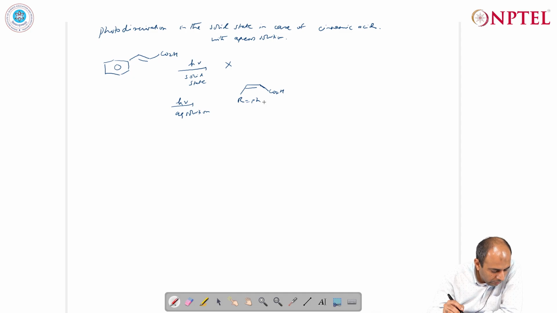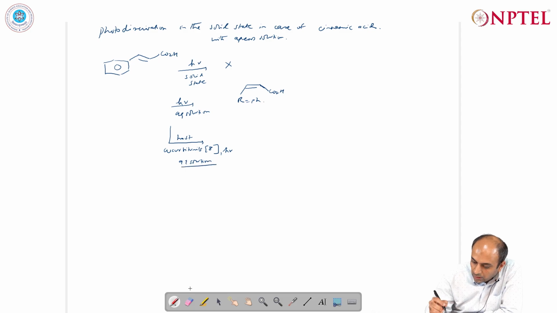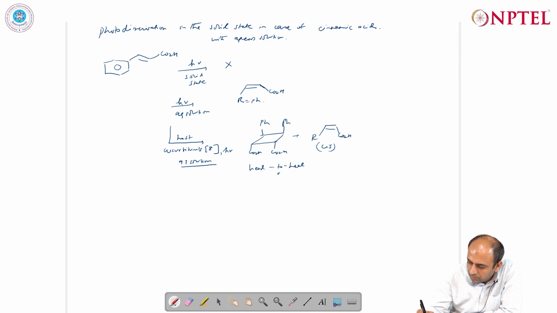And when we now have a host, in this case we are using cucurbituril 8, and do the irradiation in aqueous solution, then we are able to get the photodimer, but we also have the cis isomer, and this is a head to head alignment.